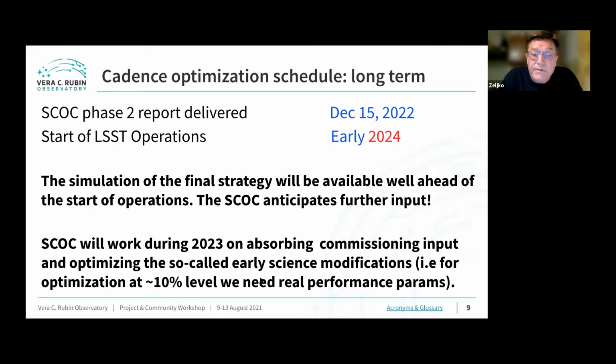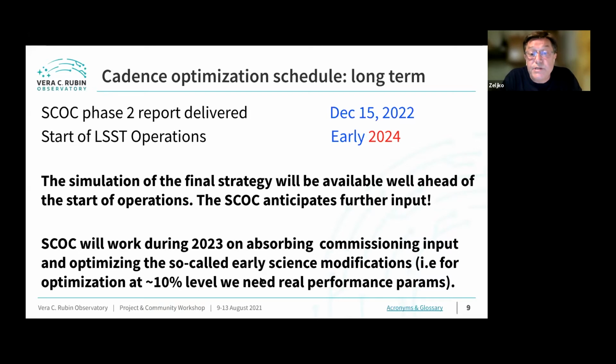At the same time, we expect that we will start commissioning the system. We will start getting real images, first with ComCam and then LSST Cam. And we will be learning more about the system performance. And it is likely then that we will be in a situation where we will want to tweak further some properties of the survey. For example, maybe our sensitivity as a function of wavelength will not be exactly the same as what we are assuming now.